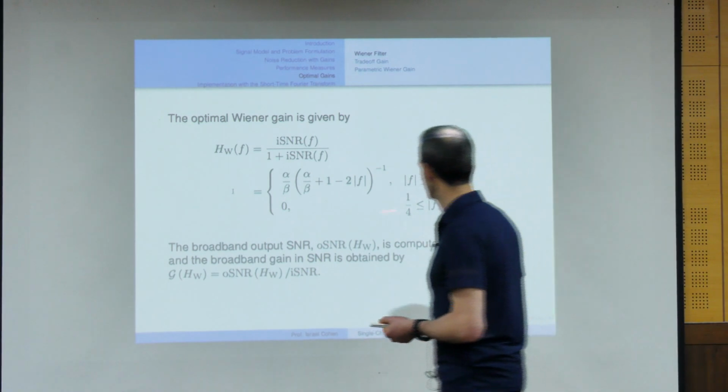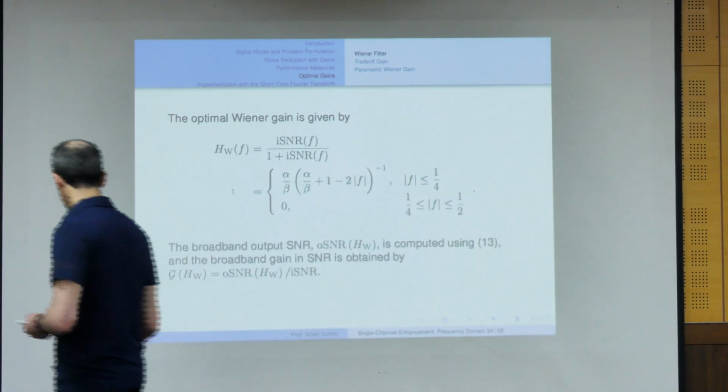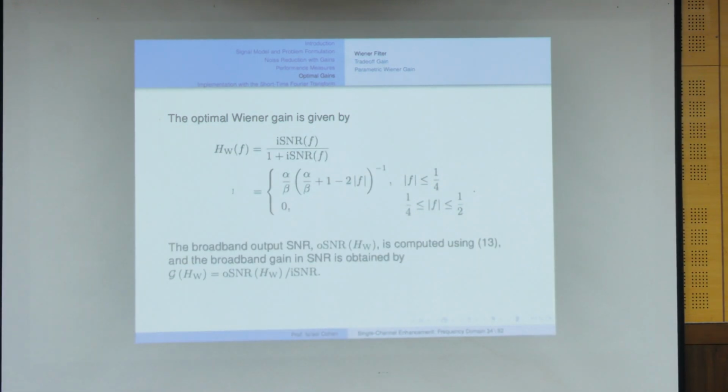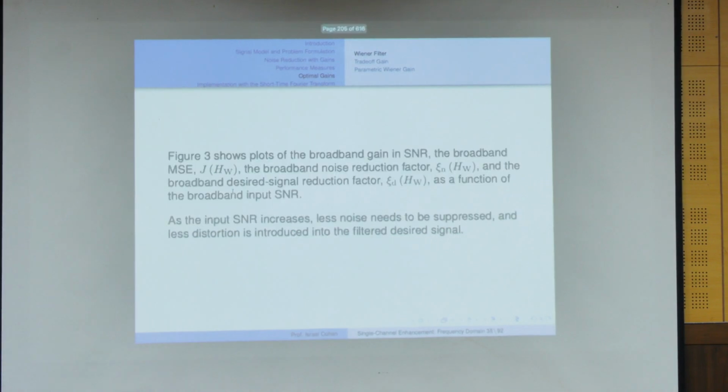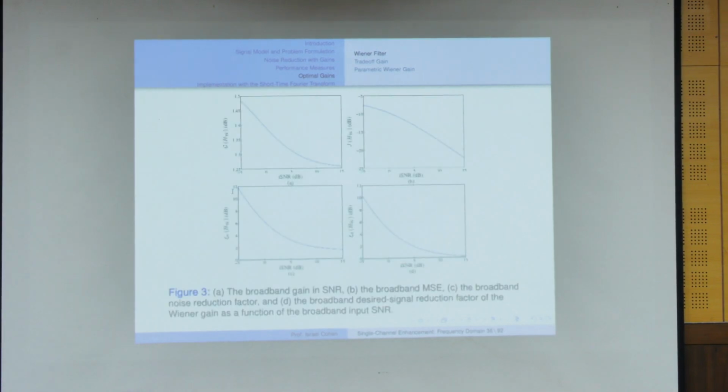You see that it's 0 in this high frequency range, because we don't have desired signal. How does it look? If we plot the gain in SNR for using the Wiener gain as a function of the input SNR, the gain in SNR decreases.